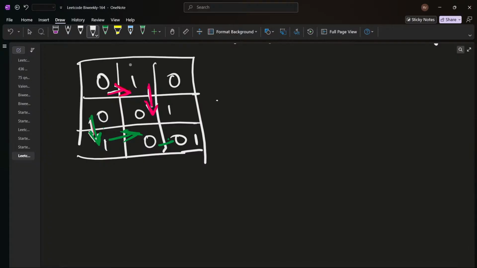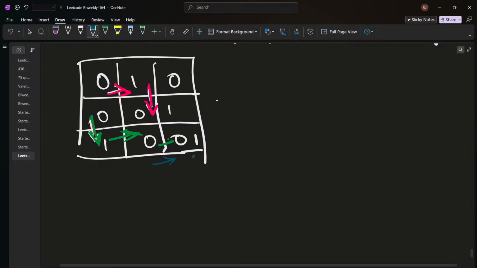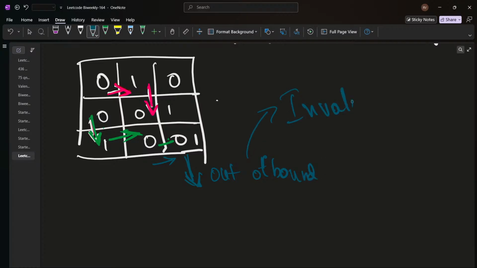In that case, what is going to happen here? If this starts to move here, then it comes down, right? But there is nothing in the downside here. There is nothing here. Empty. It's coming out of boundary. In this case, we will consider it as an invalid path. Done. That's all of this.